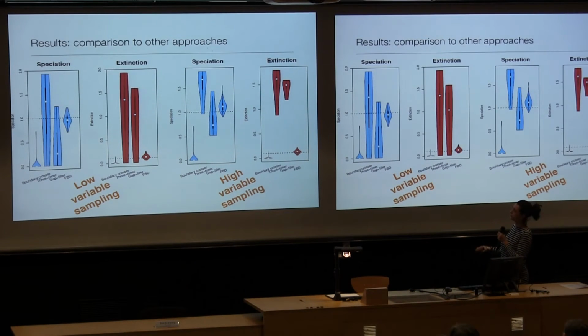So this is showing the results under non-uniform or variable sampling over time, and we see tremendous bias when we have high non-uniform sampling in these other approaches, because here I haven't done any sample standardization, and so these methods can only work if you assume that sample standardization approaches have worked.